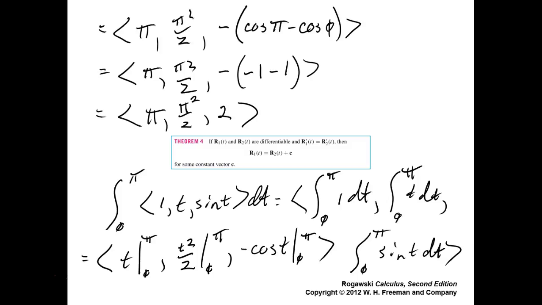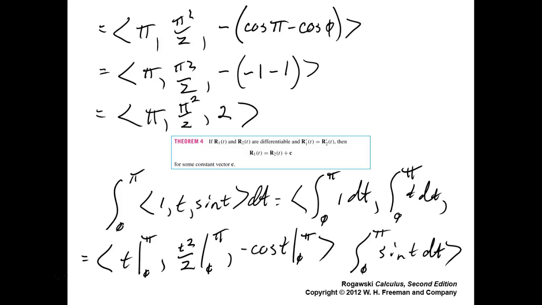Vector valued integrals obey the same linearity rules as scalar valued integrals. See exercise 72, which I think you are going to skip anyway. An antiderivative of r of t is a vector valued function, capital R of t. Remember when we used to do that with f of t and capital F of t? One is the antiderivative of the other, such that capital R prime is equal to little r.